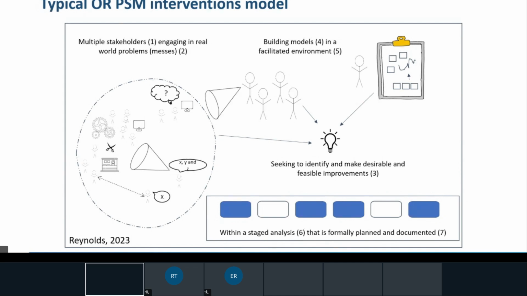When we're working with a PSM, we are designing a staged analysis that is formally planned and documented. That's in large part where that procedural justice comes from. And if you think about that staged analysis being designed, you might think back to some of the things we talked about last week as we discussed the phases of intervention.